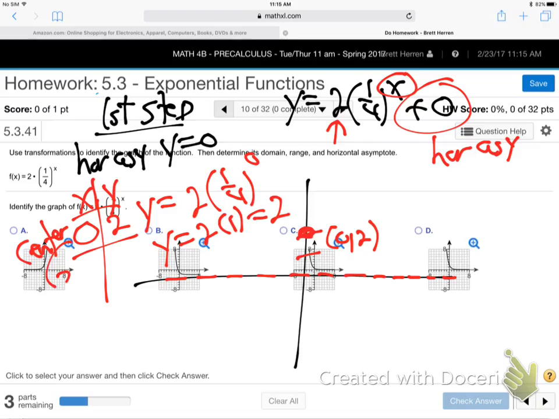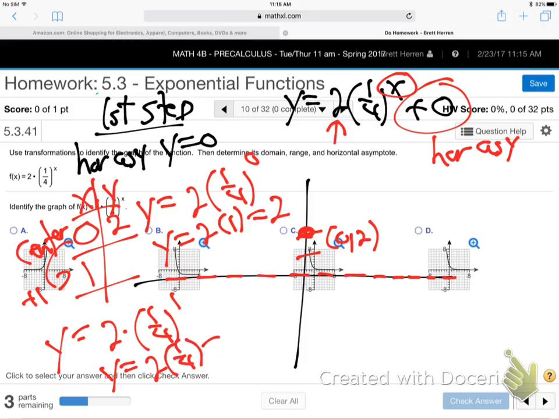All right, and then you add 1. So plug in 1. What are we going to get? 2 times 1/4 to the 1. That's 2 times 1/4, that's a half, or 0.5. So over 1, up a half, about right there.